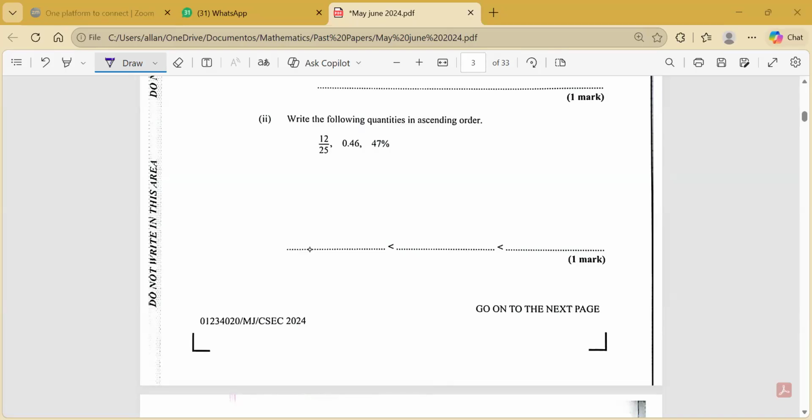And that will give me what? That's an important thing to note. It will be 0.47. Yeah, 0.47. Correct. So ascending order starts with the smallest to the largest.